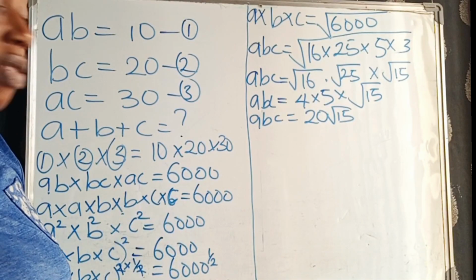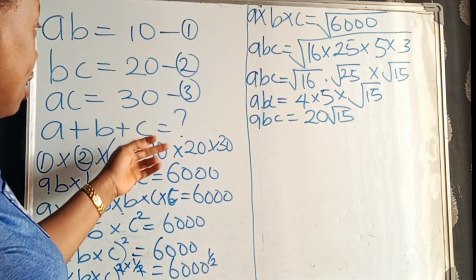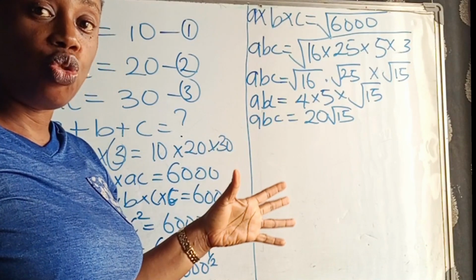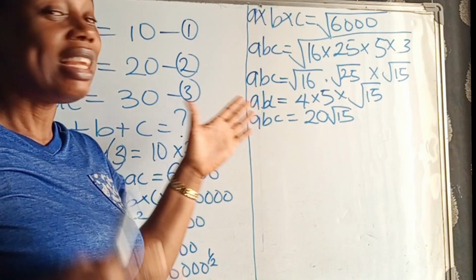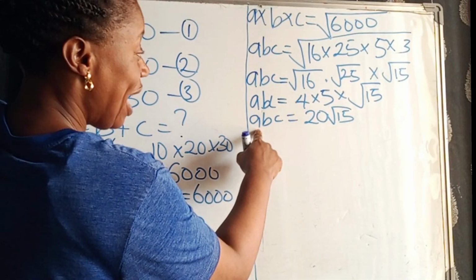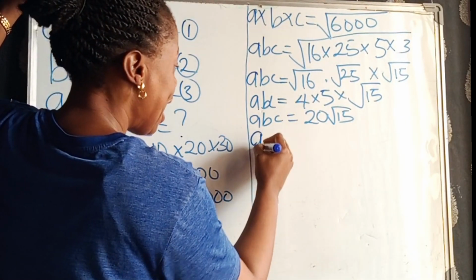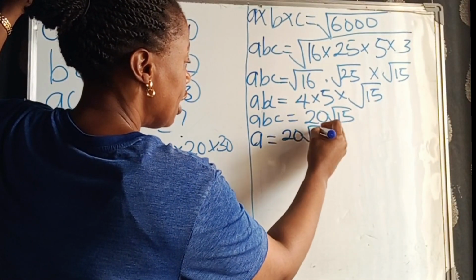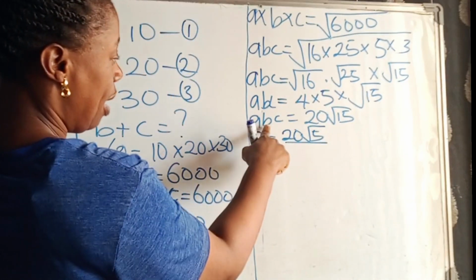Now, the question says we should add A plus B plus C. But here we've gotten A times B times C. So what we are going to do is make each of them the subject of the formula. A will be equal to 20 root 15 all over BC.